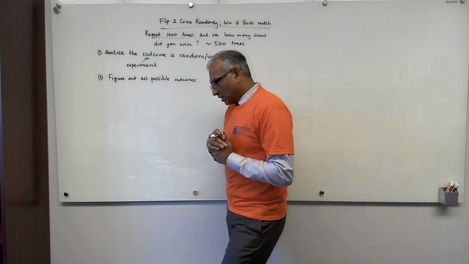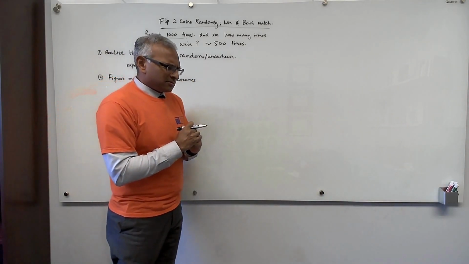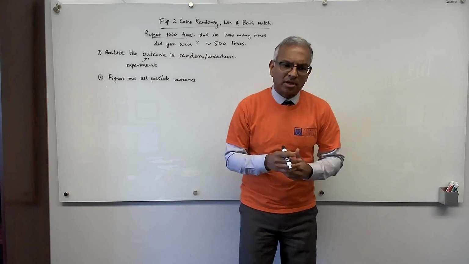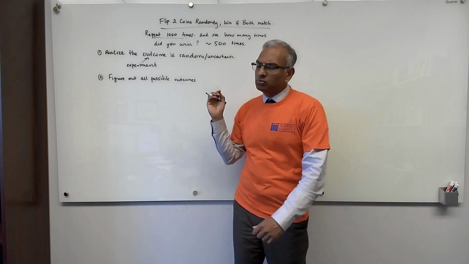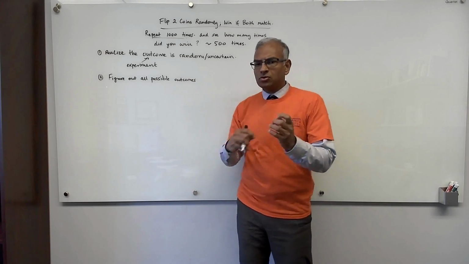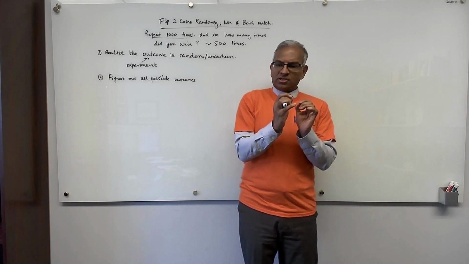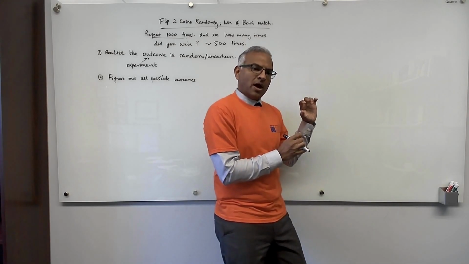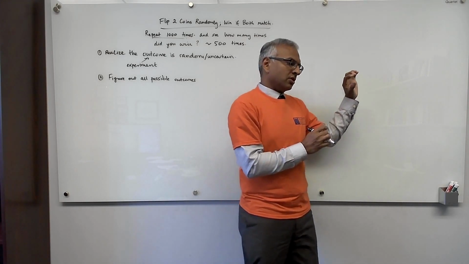Essentially, the way to figure out all the possible outcomes is just an extension of the product rule. The product rule tells you how to count the possible outcomes. Remember that you're choosing a way to do x1, then a way to do x2, then a way to do x3, and so on.